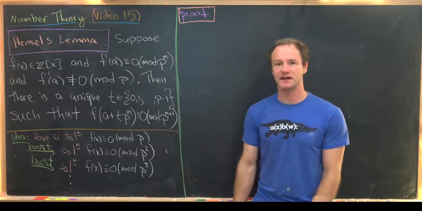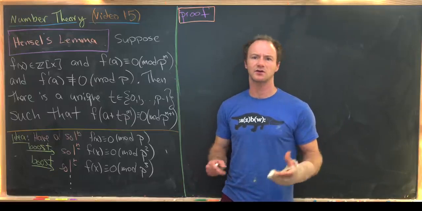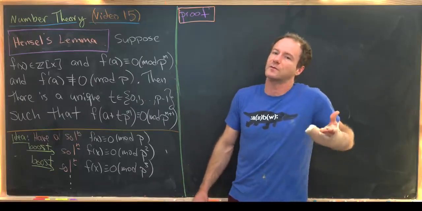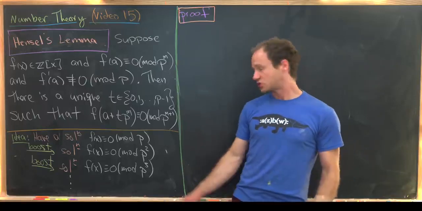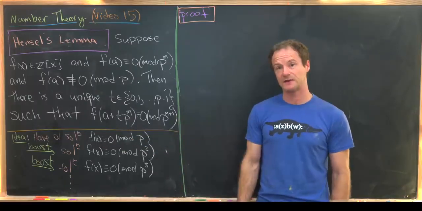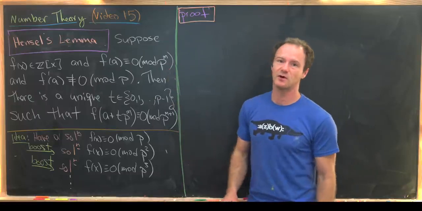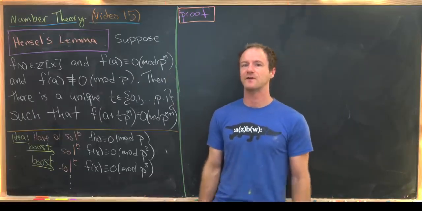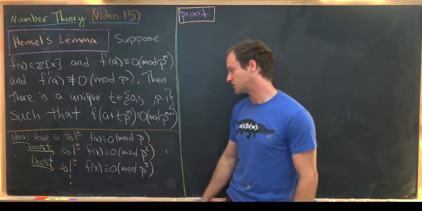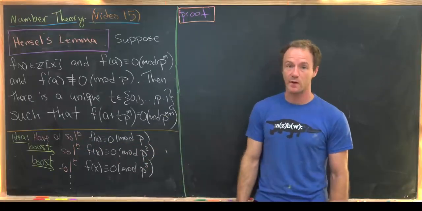So the idea goes like this. Let's say you want to solve some congruence like f of x is congruent to 0 mod p cubed or p to the 4th or p to the 5th. You start by solving the congruence f of x is congruent to 0 mod p. And you do that just by hand. And then Hensel's lemma, or really more appropriately, the technique of the proof of Hensel's lemma, gives us a way to boost that solution to a solution of the congruence f of x congruent to 0 mod p squared.